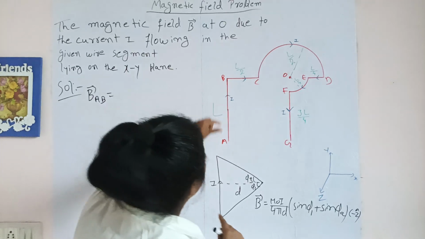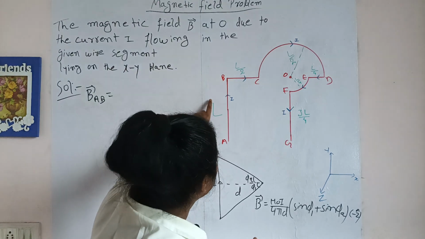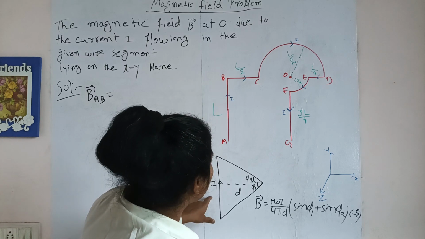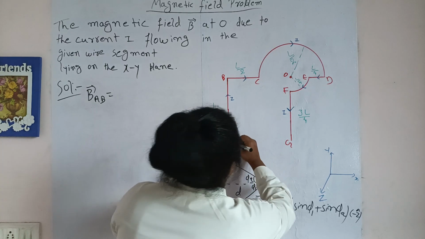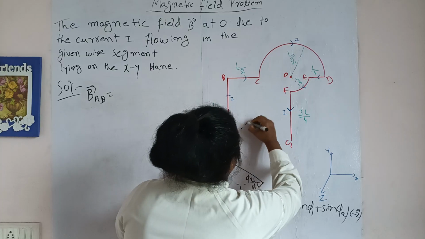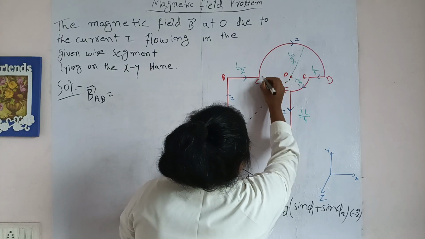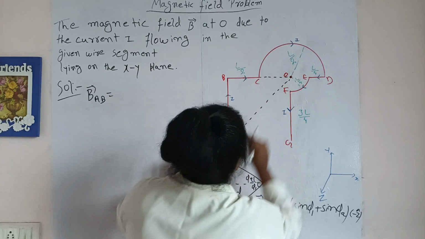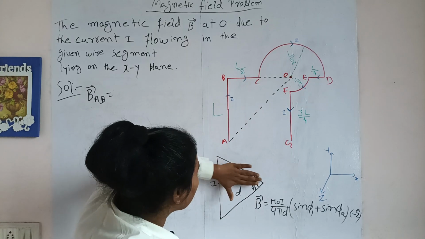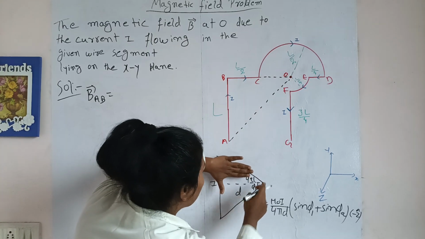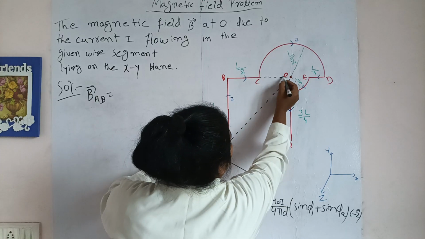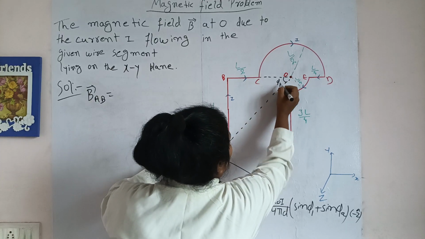For here, this situation is similar to this. Now join this side and this side also. Now this figure looks like half of this figure. So for this point, this will become phi 1.